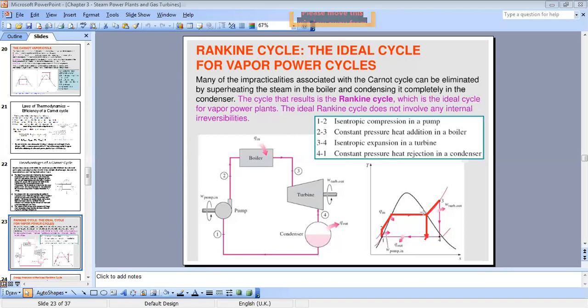In order to avoid this, I do more heating, because when I reach point 3 and then go down, I can ensure that the point I reach here is very close to the saturated vapor. So I will have a value of the quality very close to 1, and I can avoid deteriorating the turbine blades.